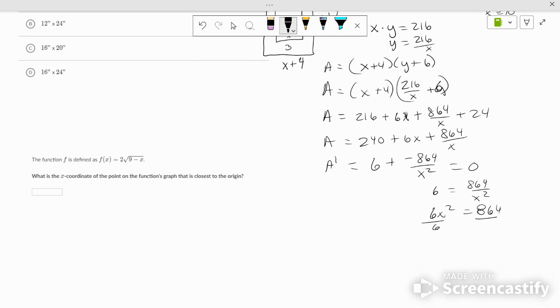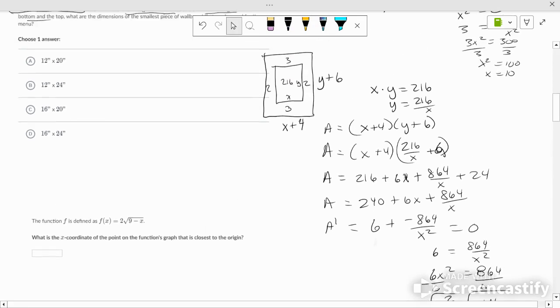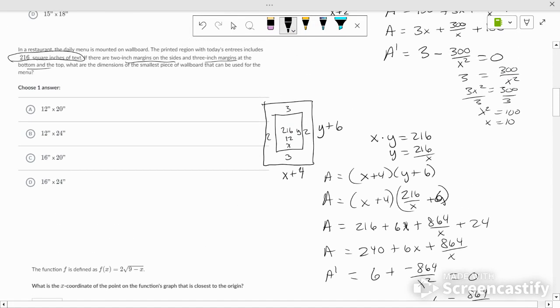Divide by 6. X squared equals 144. Perfectly. Boy, these numbers work out really nicely. X equals 12. So the original was 12, so the new is 16.